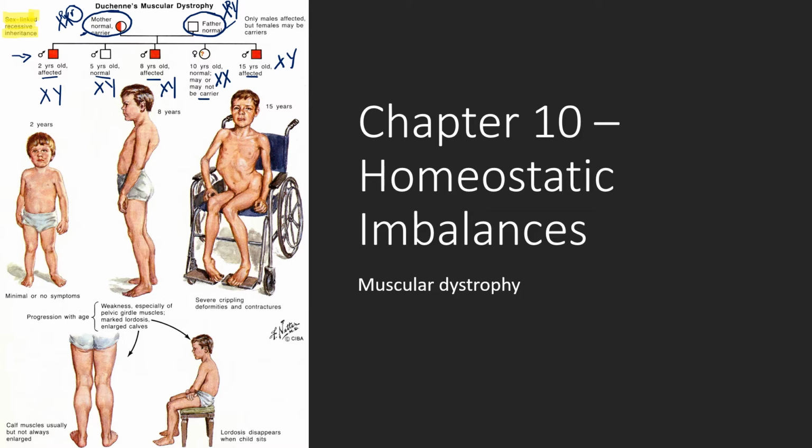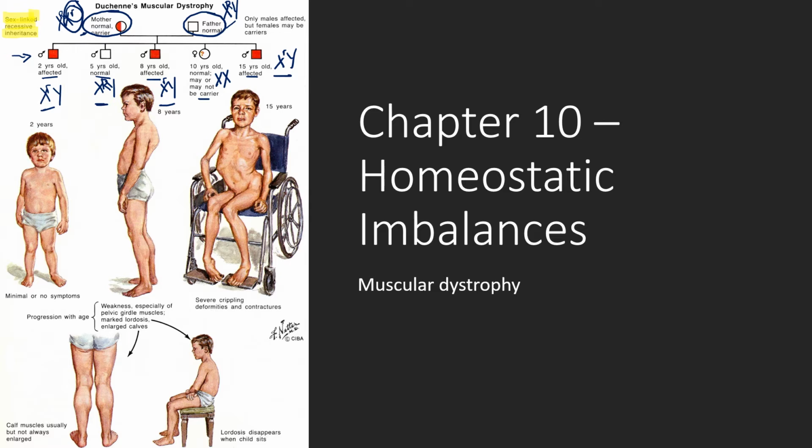So it just means that to these boys, she gave this X chromosome, the one with the muscular dystrophy recessive gene, the mutated gene. So these ones have a little r, and a little r. And to this son, she gave the regular non-mutated X chromosome.